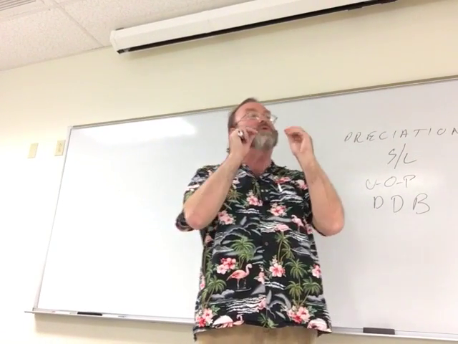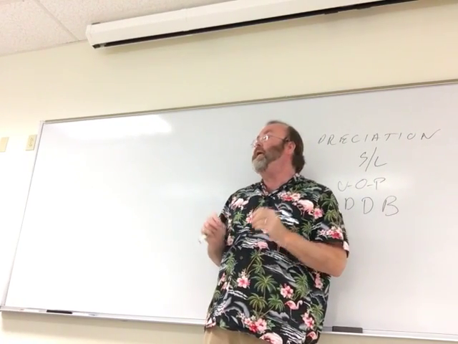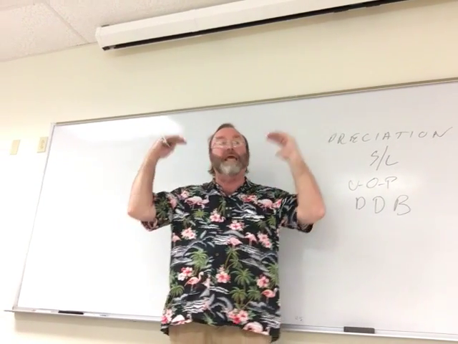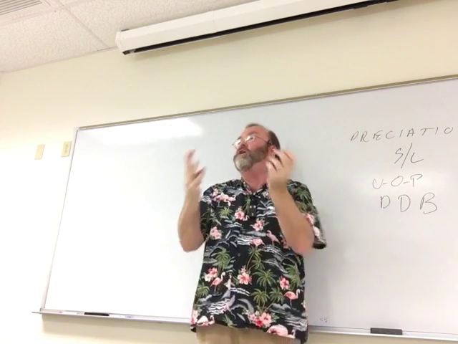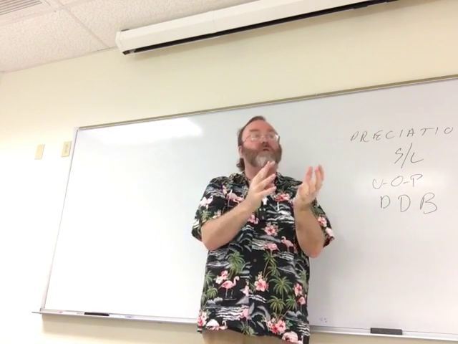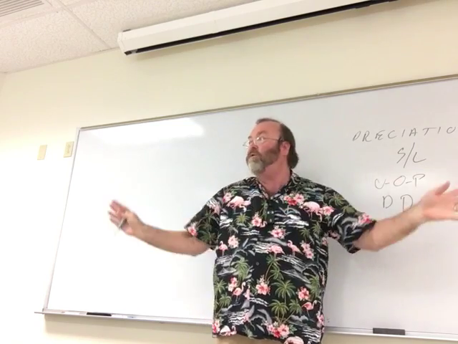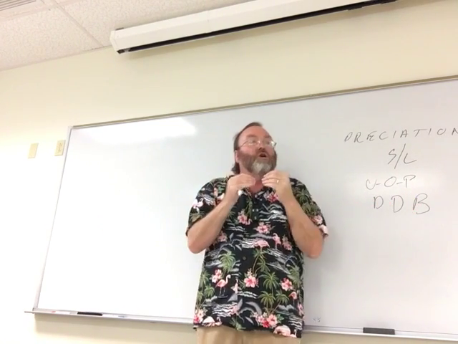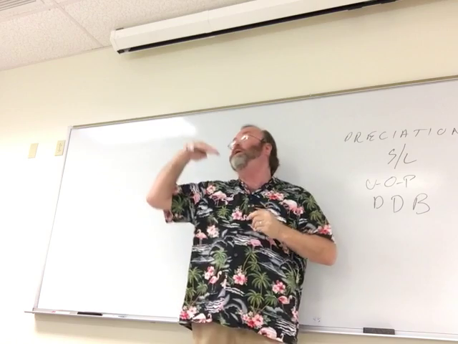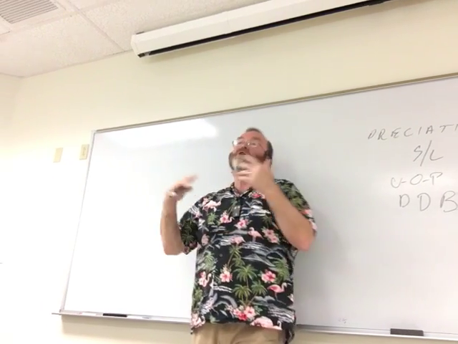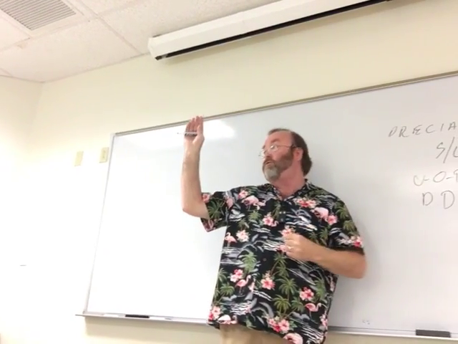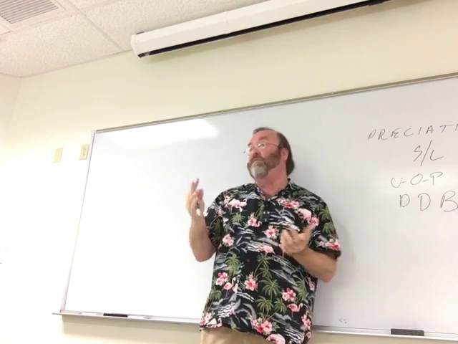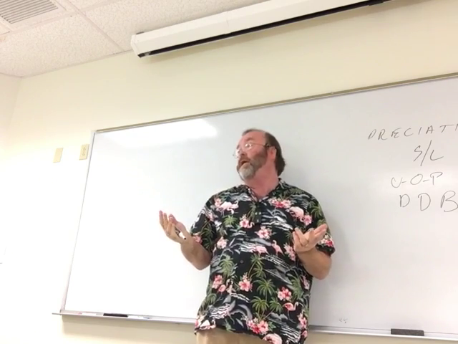One, when a machine is brand new, it is producing at its peak efficiency. It's a brand new machine. You're going to generate the most revenue out of this machine, whatever it is, in its early years than you will in its later years. Because it's old technology. It starts to break down. The cost of maintenance starts to increase, which is the second reason people do double declining.